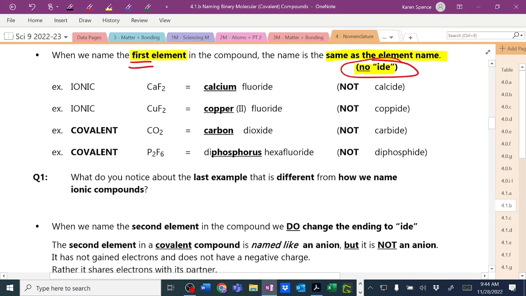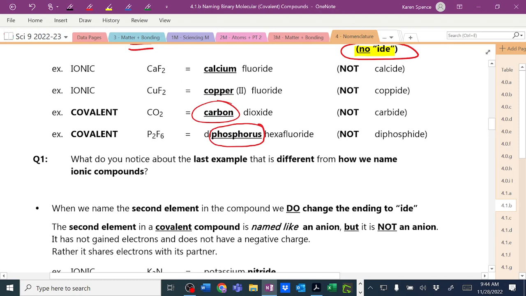Same thing for covalent compounds, carbon, phosphorus. However, you'll notice that we do use prefixes, and that is one of the things that's different. When you have an ionic compound, you don't use prefixes.